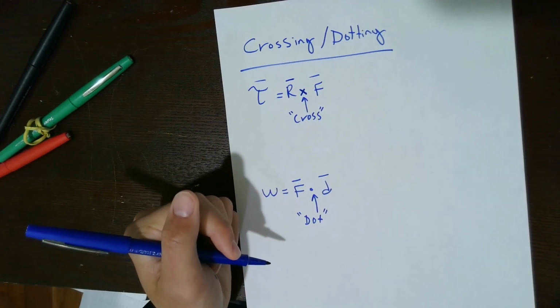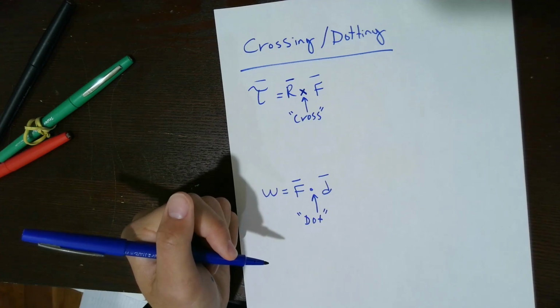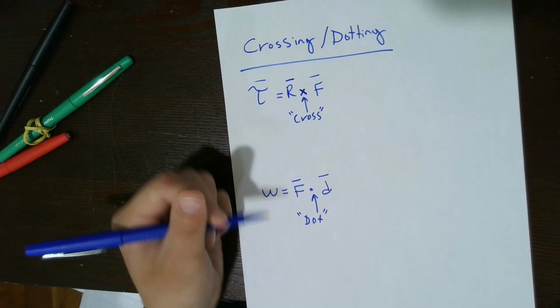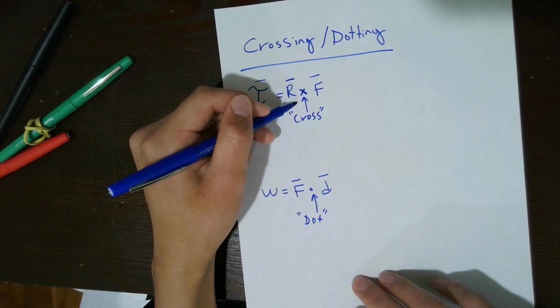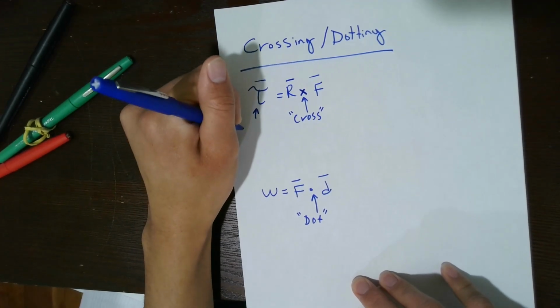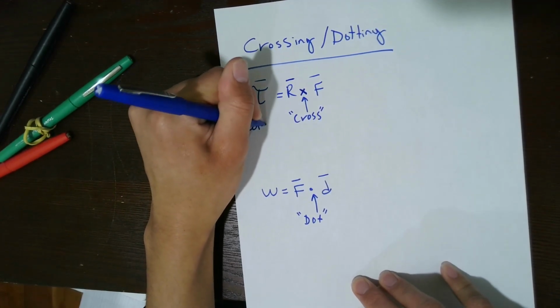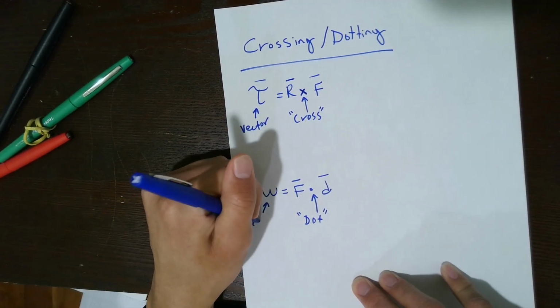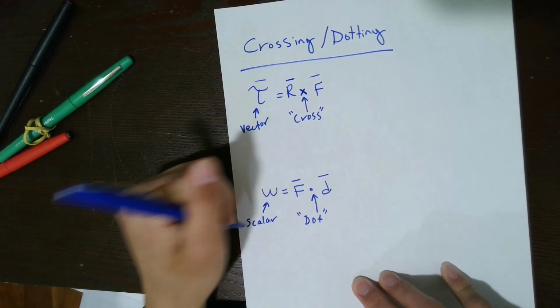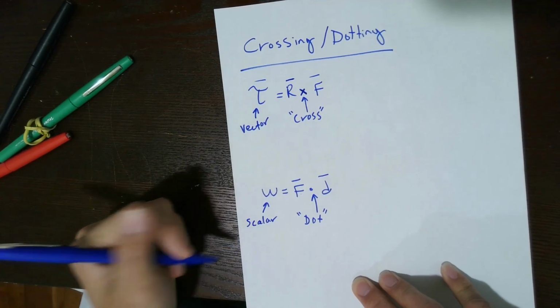You don't actually have to know exactly what it means for the MCAT. They're not going to really test you on the definition of cross product or dot product. But just know that when you cross two vectors, you get another vector. But when you dot two vectors, you get a scalar, and a scalar is just a number. The direction doesn't matter.